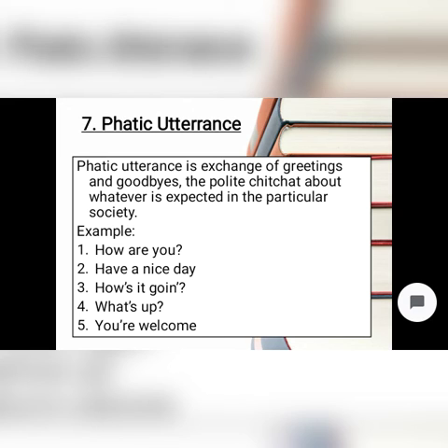So, an emphatic expression is one that doesn't require an answer because it is just social talk or responses, much like small talk. The purpose is to maintain social bonds. So, for example, first, how are you? Second, have a nice day. Third, how's it going? Next, what's up? And the last, you're welcome.